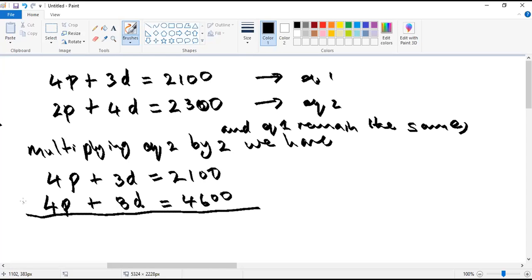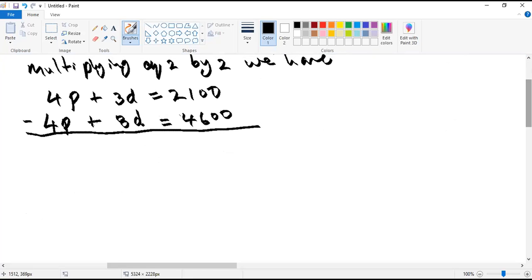So all we do now is subtract, and I put some minus signs in between to remind myself. So this becomes negative 5D, and this becomes negative 2,500. Excellent. And so now we divide both sides by negative 5.